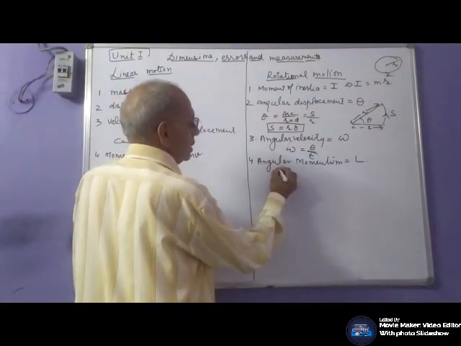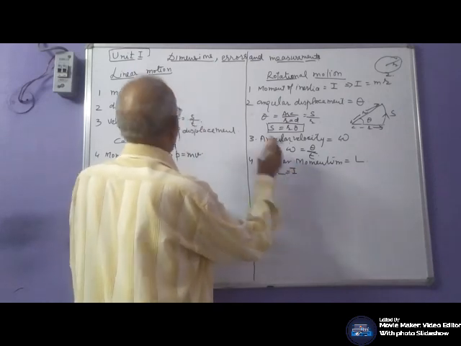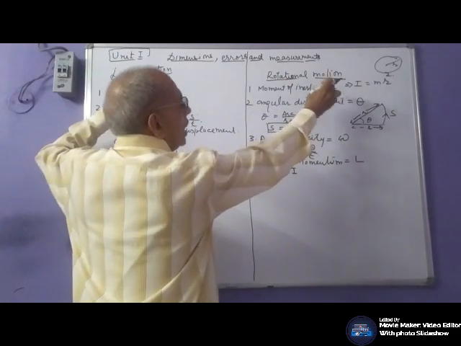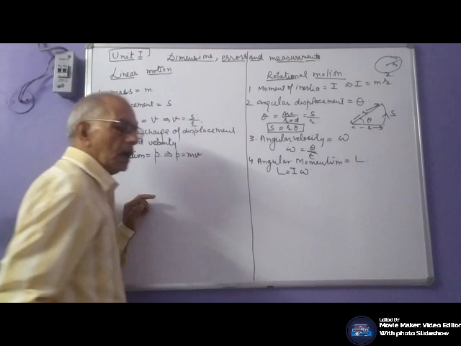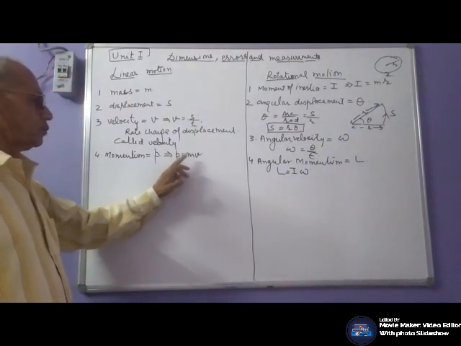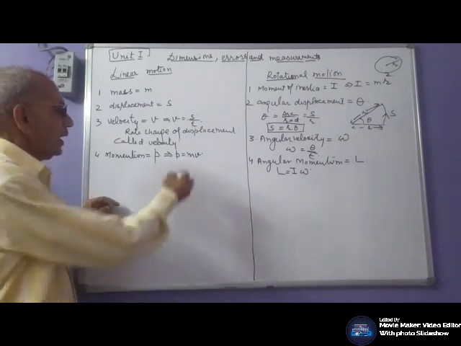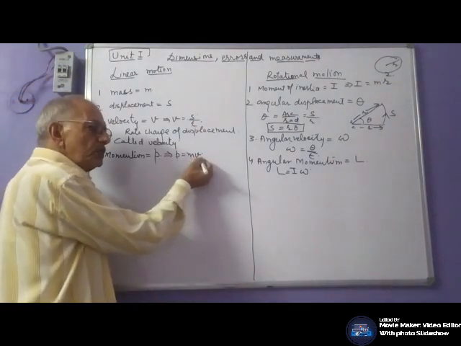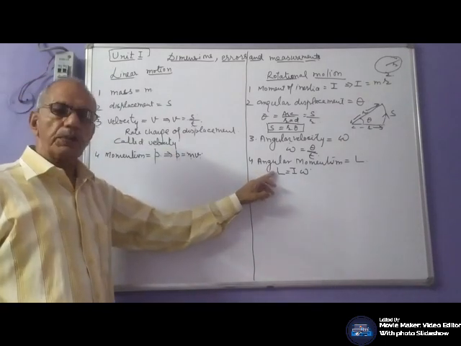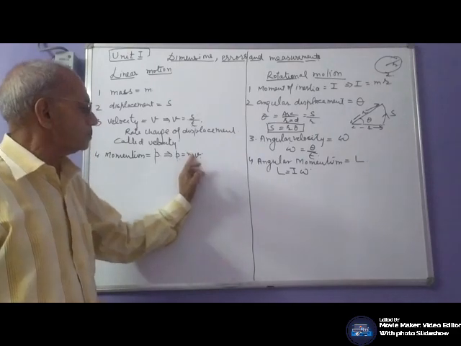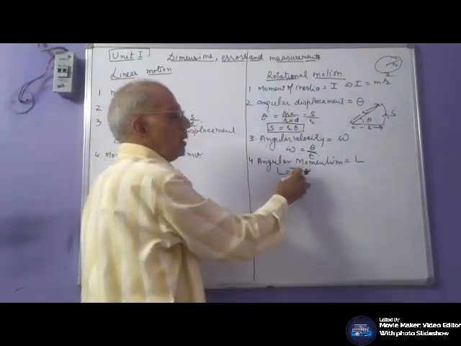P is mv, L is I omega: instead of m, I, and instead of v, omega. We have read it: the product of mass and velocity is momentum. Capital L, angular momentum, is I times angular velocity.